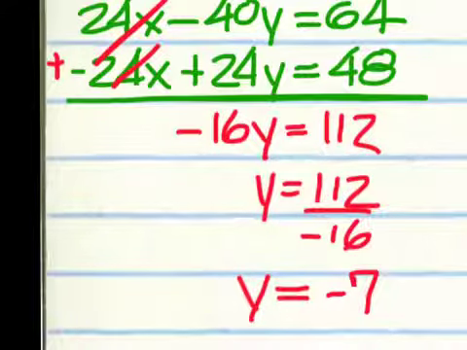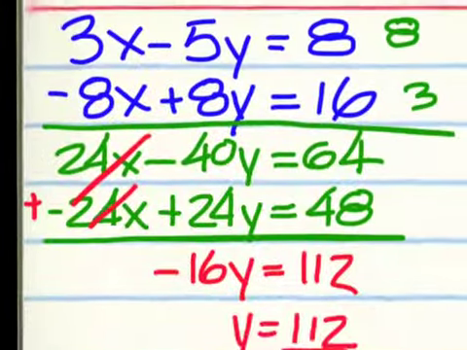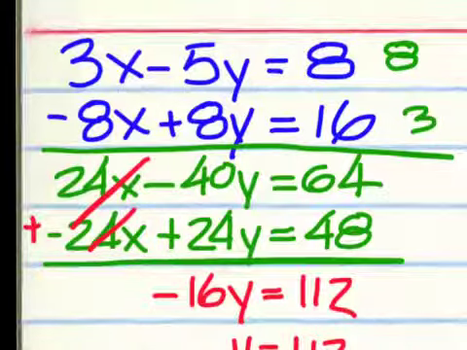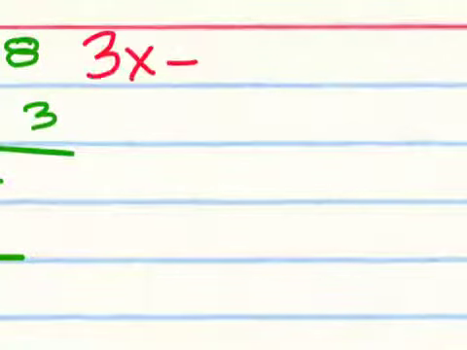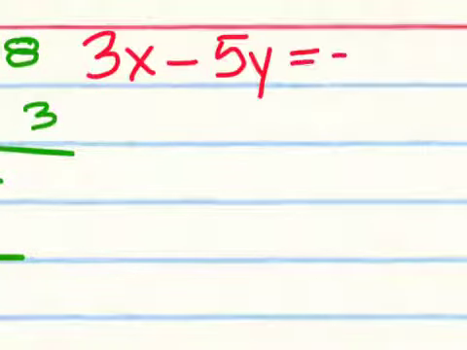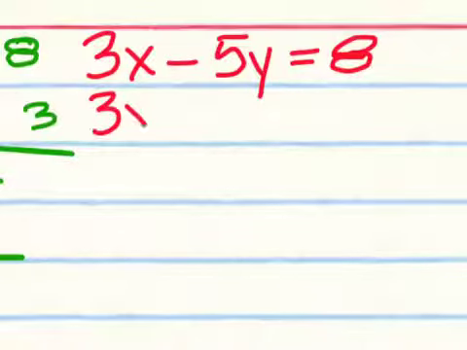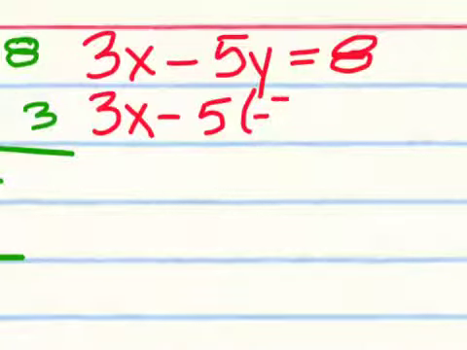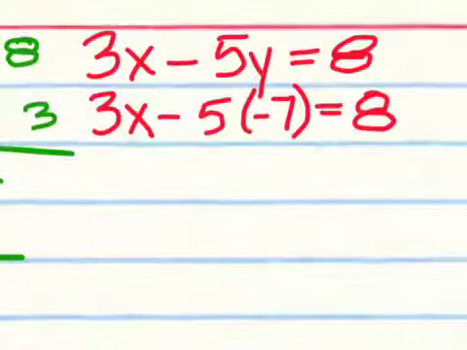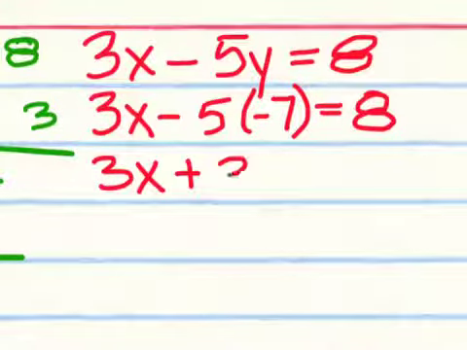Let's see what's up here. I think the top one is a good one to use. 3x minus 5y equals 8. 3x minus 5y equals 8. And we're plugging in a negative 7. So that goes there, and then simplify that to a plus 35, double negatives.